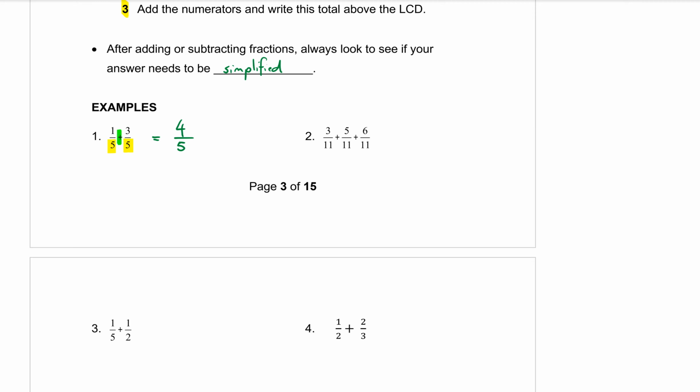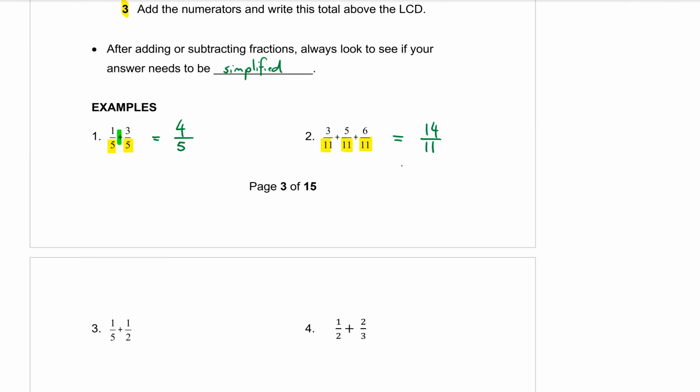Question 2, there are 3 fractions, but this actually is pretty much the same thing. All of those denominators are the same. They are all 11. So my answer is going to have a denominator of 11. Then I can add the top numbers together. 3 plus 5, that's 8, plus 6 makes 14. 14 over 11.